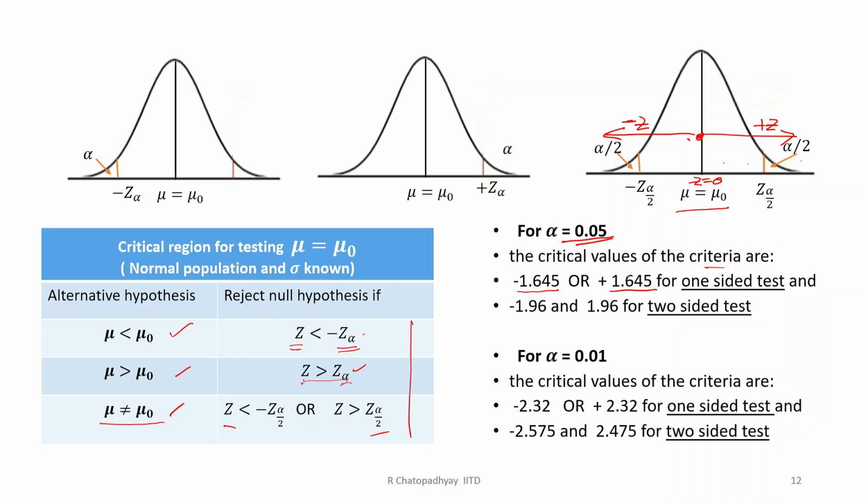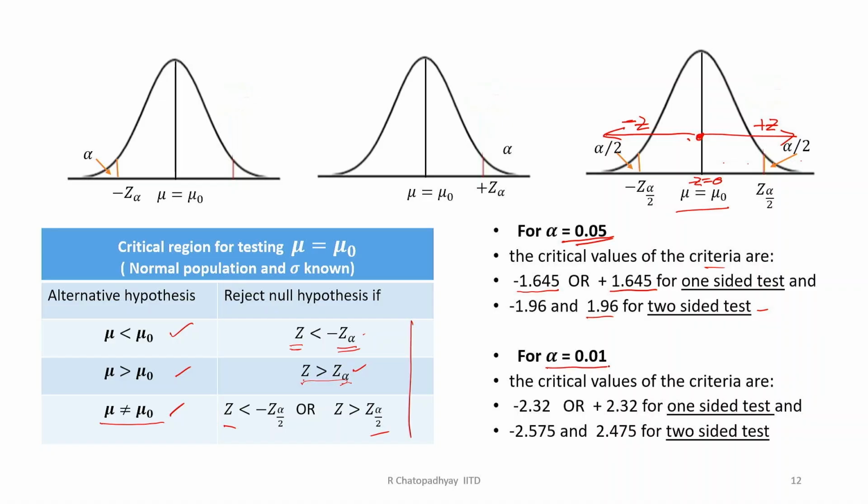One can consult the Z table, go for alpha 0.05 and you see the values. What is the Z value? For one-sided test, it will be 1.645 plus or minus. For two-sided test, it will be 1.96 plus or minus.